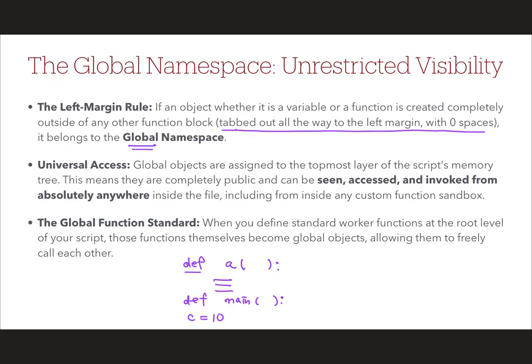So if I define function A without any indentation, or the main function without any margin on the left-hand side, or a certain variable without any indentation, then I can access those functions A or main or the variable c at any place. Those will be called global objects. They can be seen, accessed, or invoked from any place within the code.